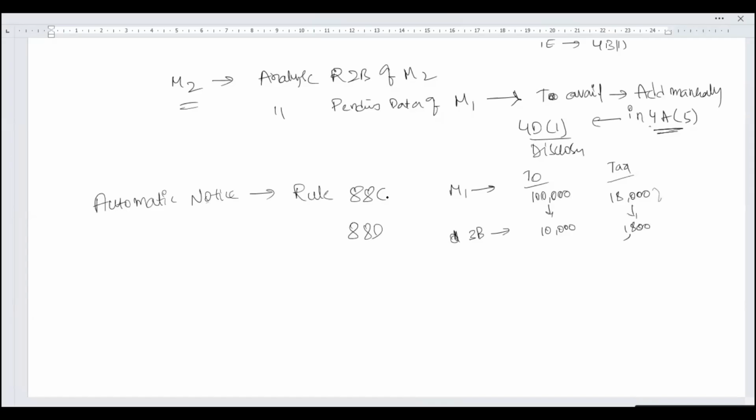Now, this alteration is genuine. But instead of giving a credit note, which he should have done, he just did an alteration. And he got this intimation under Rule 88B.